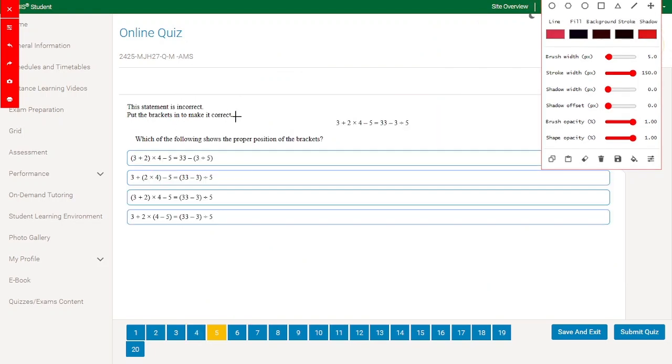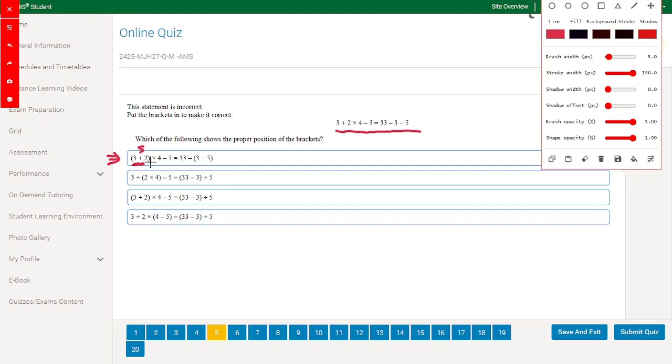This statement is incorrect. Put the brackets in to make it correct. So we have this statement. Now, which of the following shows the proper position of the brackets? So let's see option number 1. We have here 3 plus 2 in the bracket, so this one will be 5.